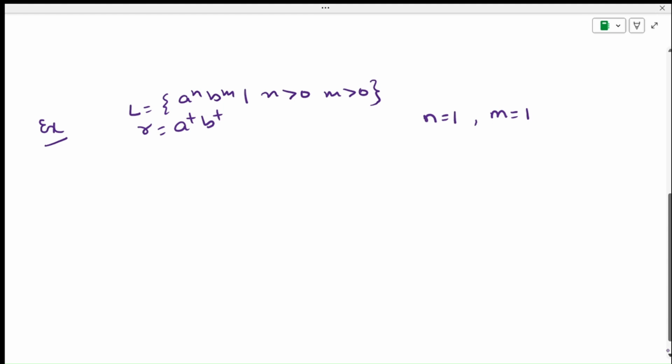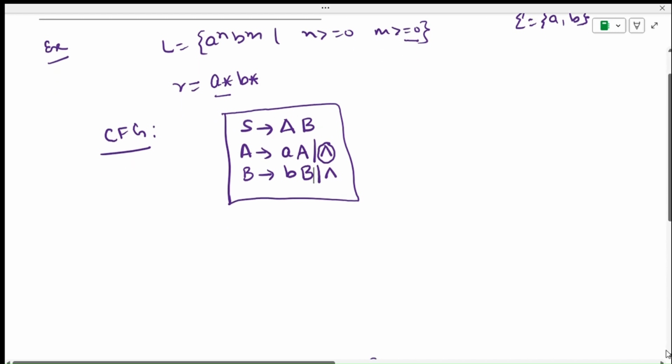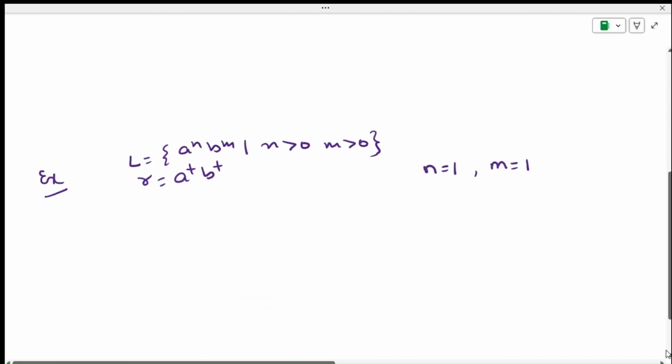The context-free grammar would remain the same as the previous example with a small difference. Instead of taking this null value, for A, I will write small a here. For this B variable, I'll take small b here. So the grammar would be like this.